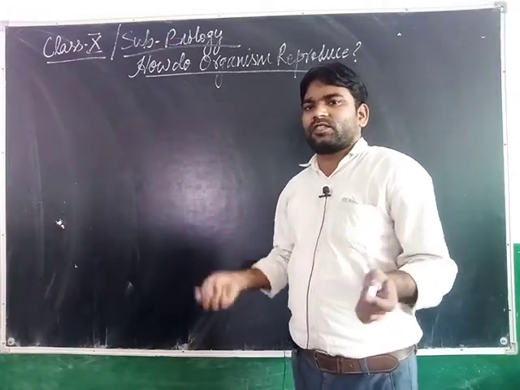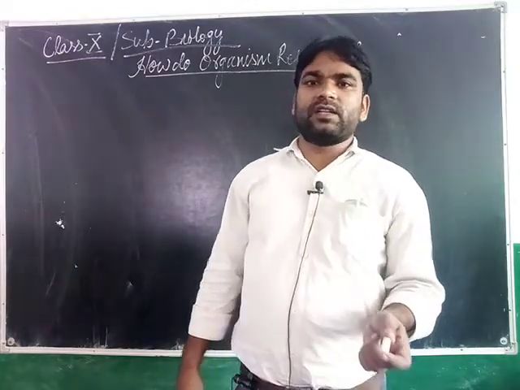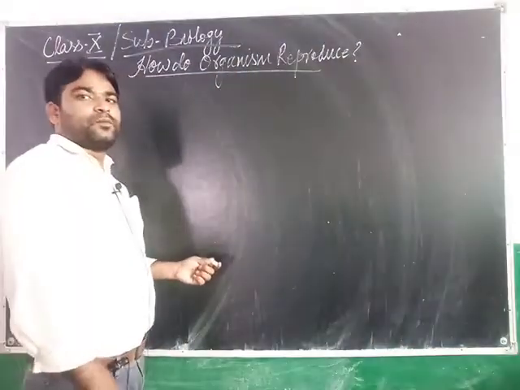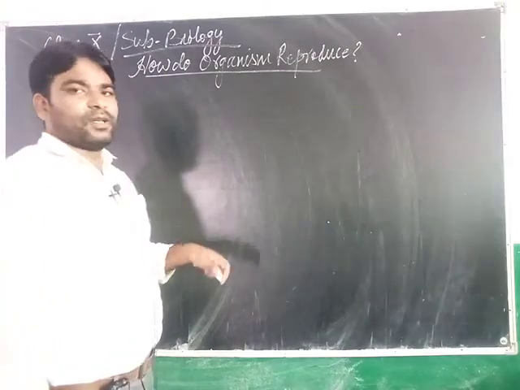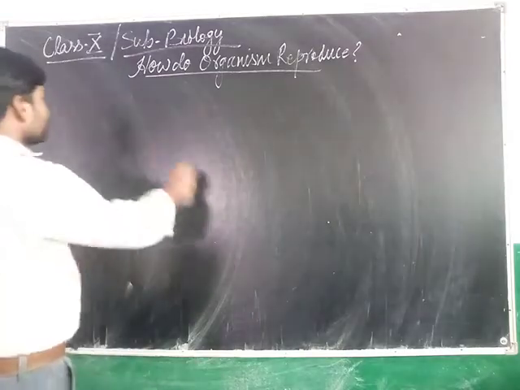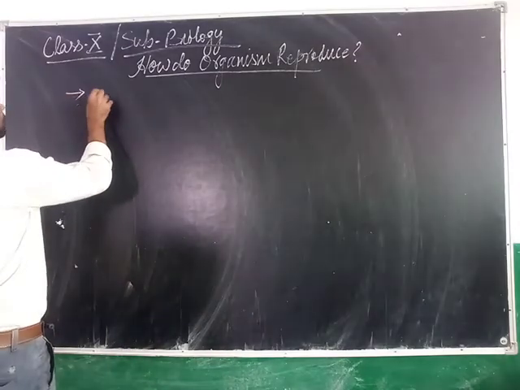The chapter itself is a question mark, beta. How do organisms reproduce? Organisms reproduce for their survival, for their existence on the earth. Why do the organisms reproduce?